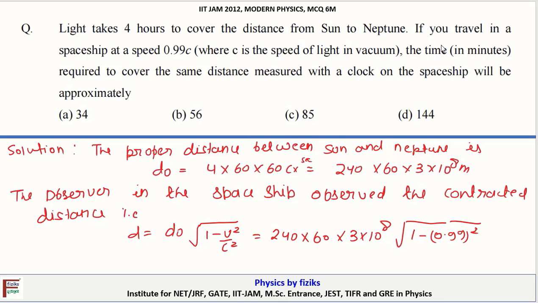So this value would turn out to be 240 into 3 into 10 to the power 8 into 0.141 meter.